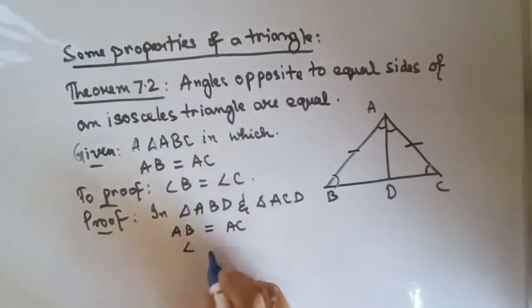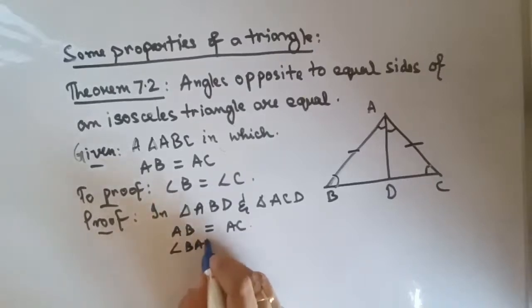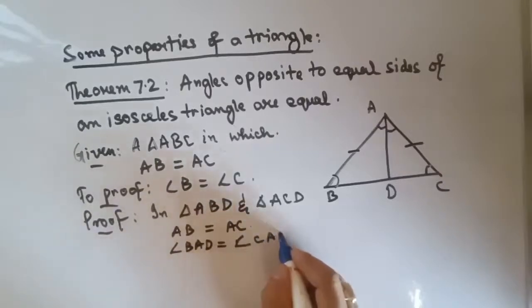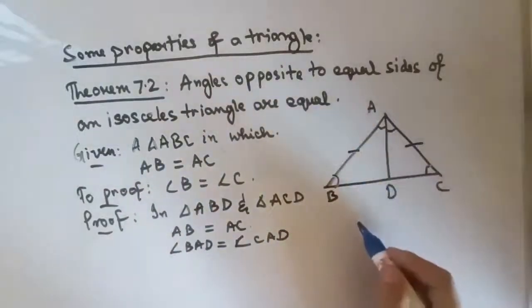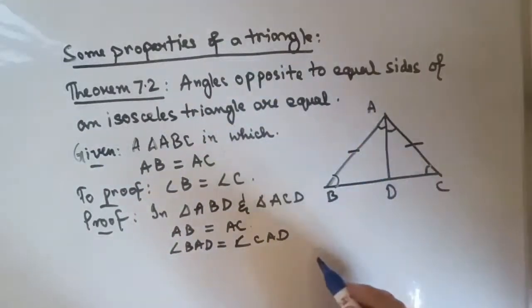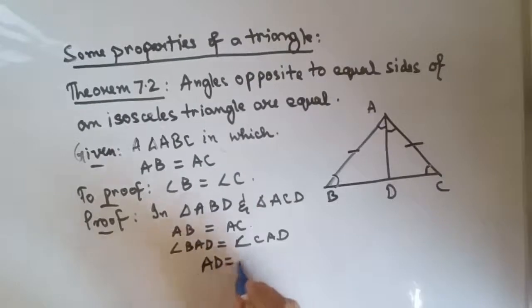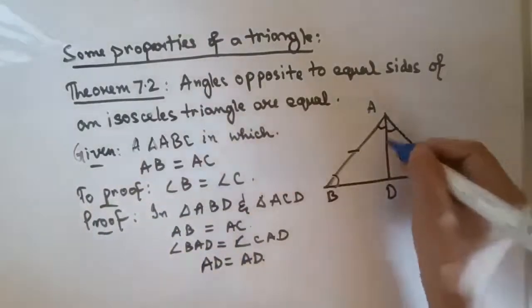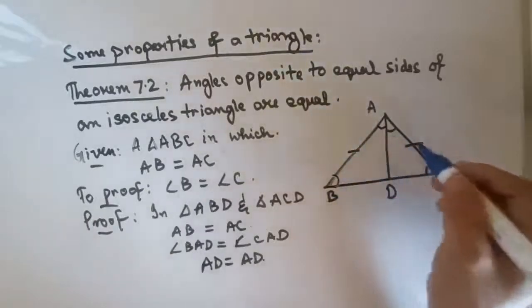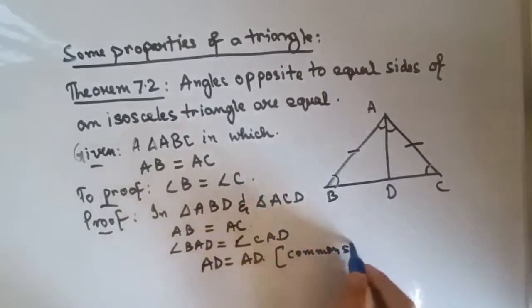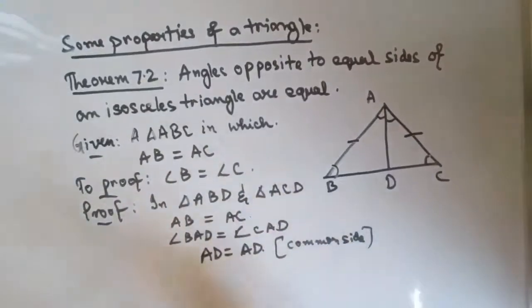And measure of angle BAD is equal to measure of angle CAD, because AD is the angle bisector of angle A. And also AD is equal to AD. That is, this is the common side to both triangles ABD and ACD.